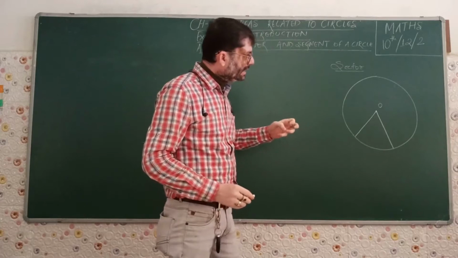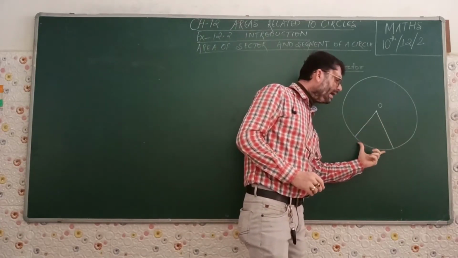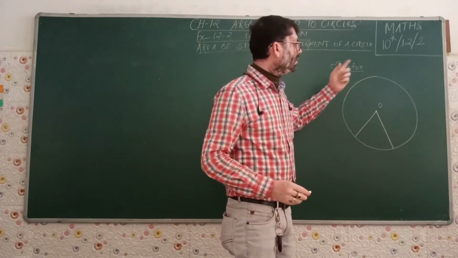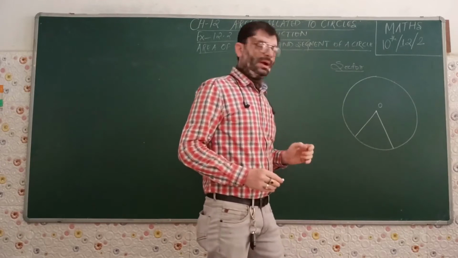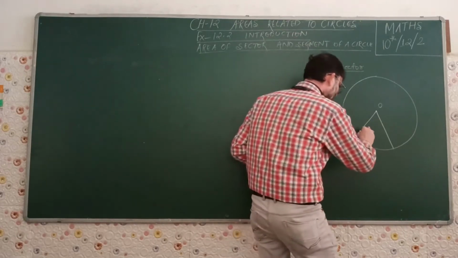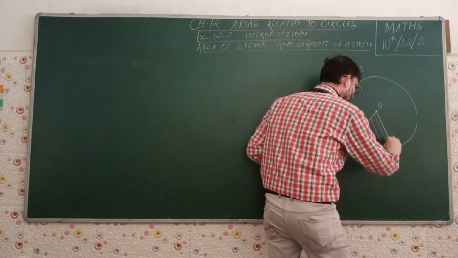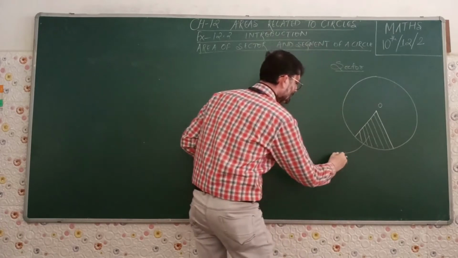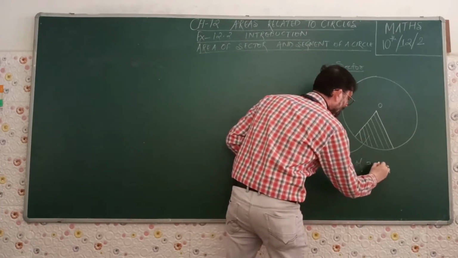The area enclosed between the two radii and the arc of the circle, or you can say the circumference part of the circle, only that area between the two radii, this region is called the sector of a circle.